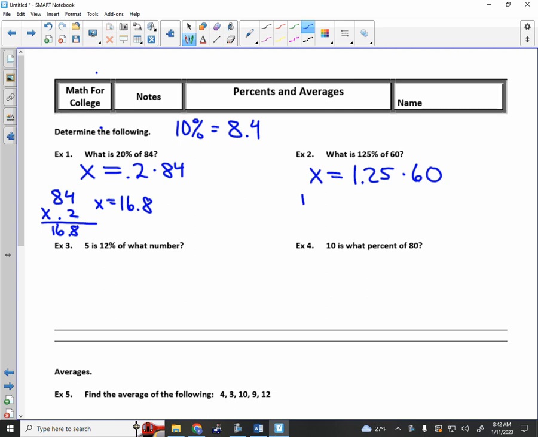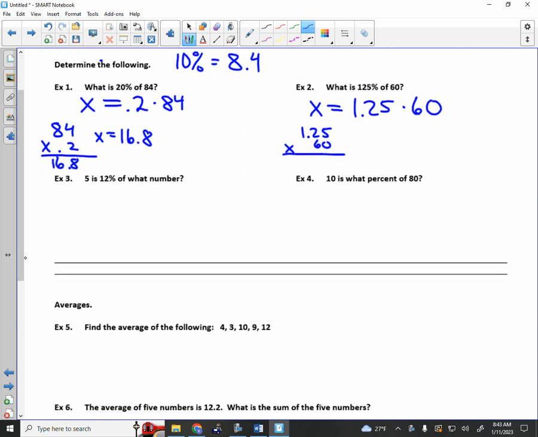So I've got 1.25. I'm going to multiply that by 60. Notice as you multiply the 0, you get 0 all the way across. So the first one, I get 0. And then when I multiply by the 6, I have to drop a 0 first because it's over in the 10 spot, and I multiply. 6 times 5 is 30.